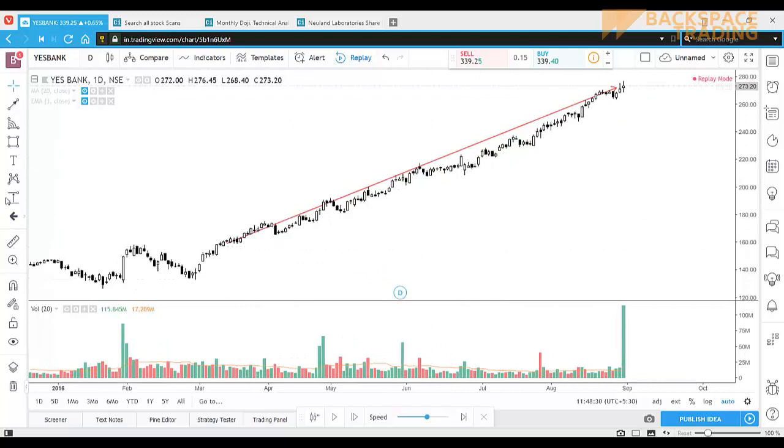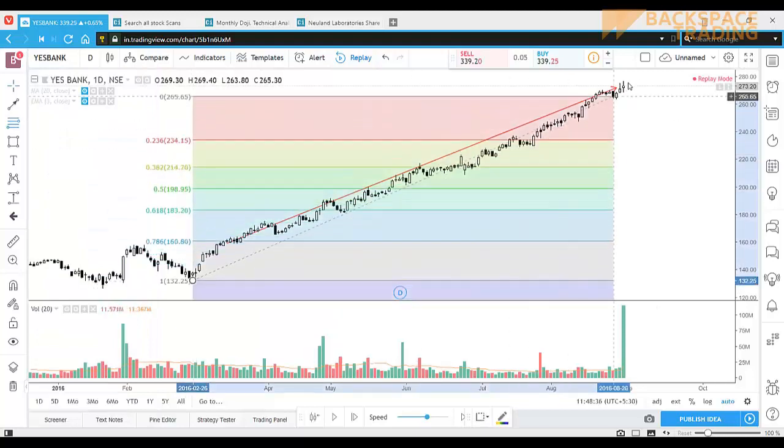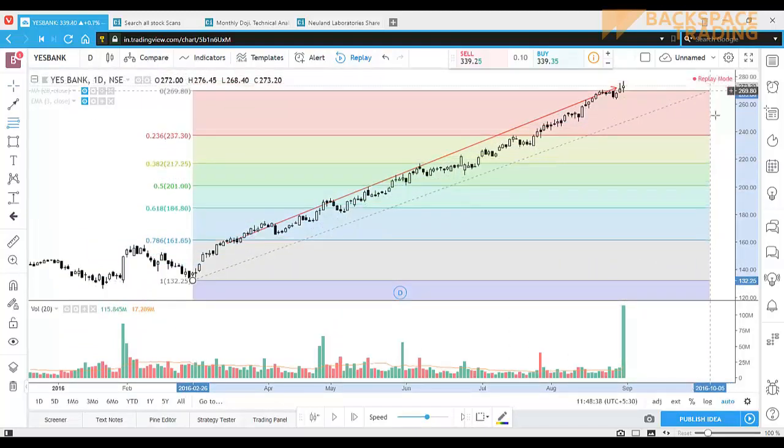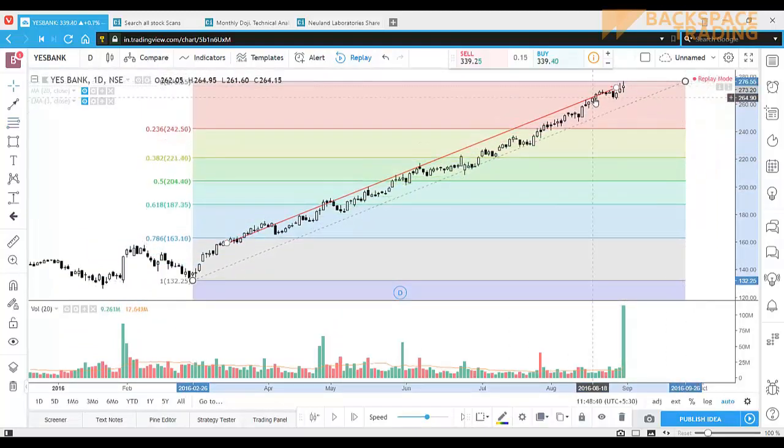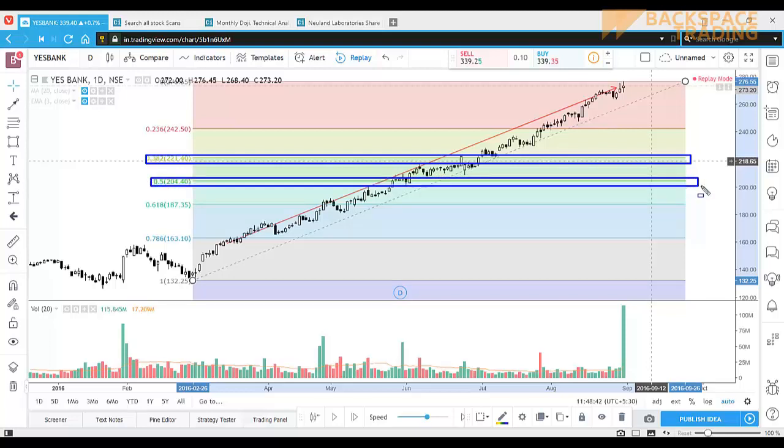It should come down, and you can draw the fib retracement as well. It is possible that it can come till 38%, around this zone, maybe, possibly, I don't know yet, or 50%.